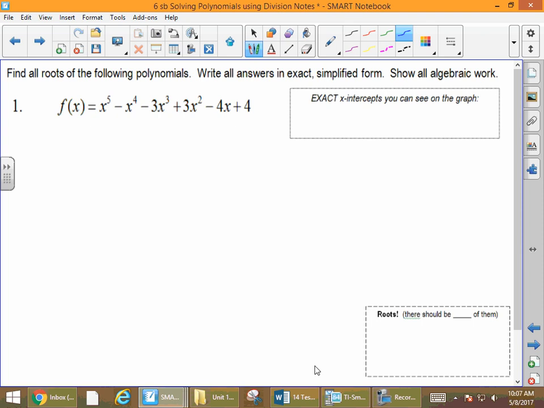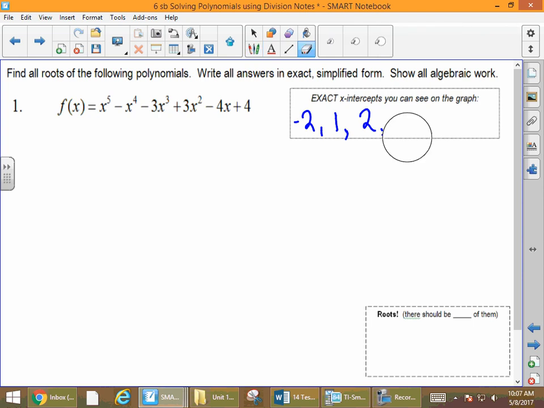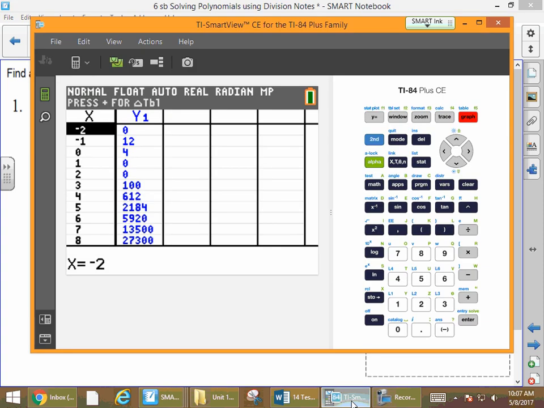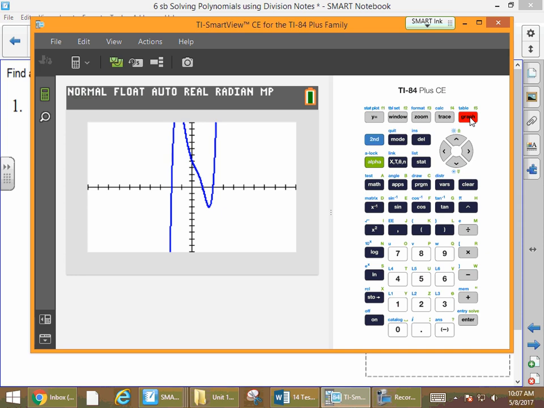So what we see in the picture, and I want to go back to that, is -2 and 1 and 2. Those are all values that we can see on the calculator. Exact x-intercepts we can see on the graph. Looking back at the picture, -1, -2, +1, +2, pointing to those specific values on the graph.